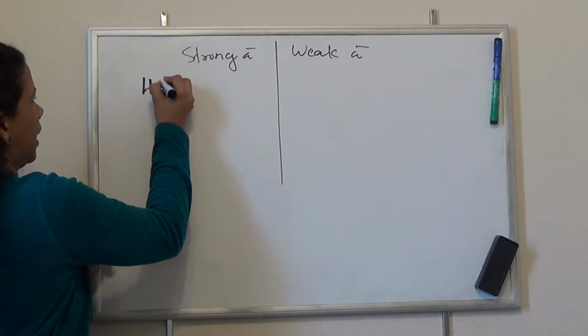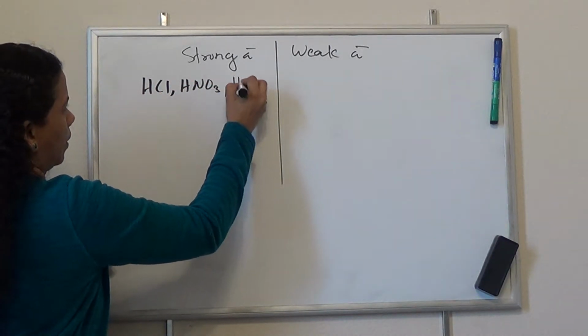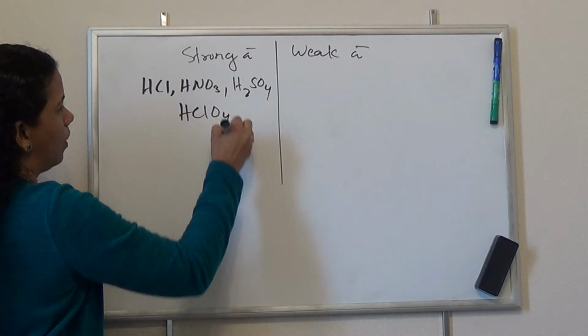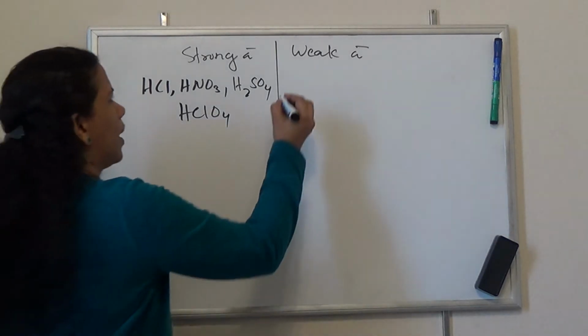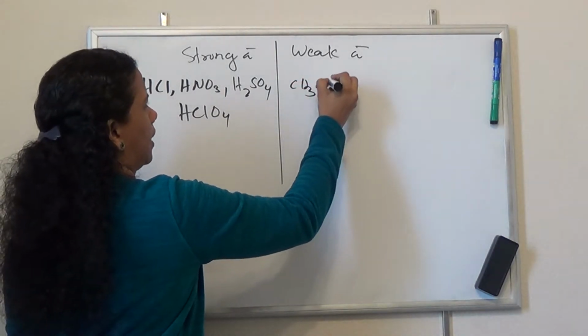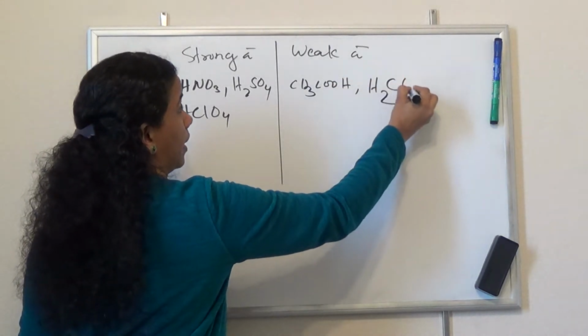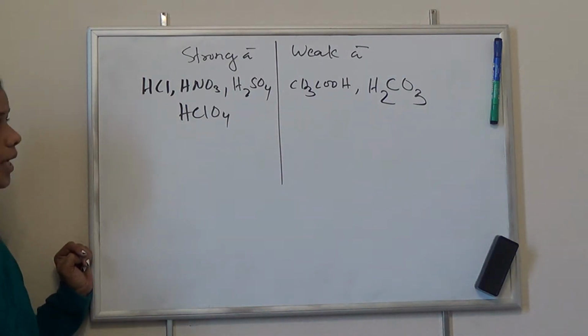All mineral acids like HCl, HNO3, H2SO4, then perchloric acid, all these are examples for strong acids. Then weak acids: organic acids, acetic acid, benzoic acid, then the carbonic acid that is present in soda. All these are examples for weak acids.